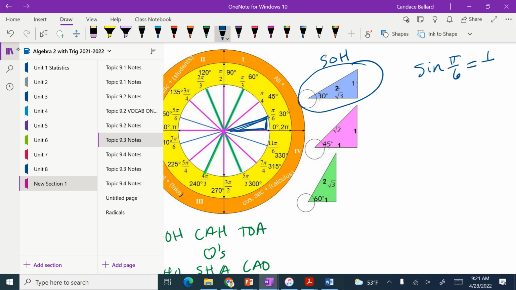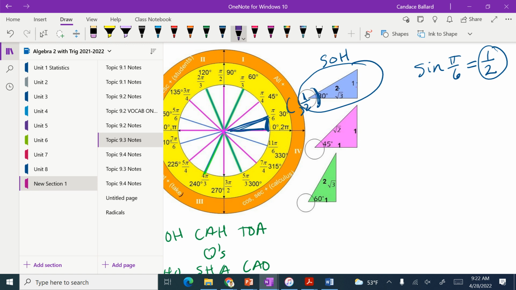What's on my hypotenuse? 2. That is the y coordinate here. So when I write it as a coordinate, that's the y coordinate I just created from the triangle. We'll write this all in our unit circle in just a minute. I was doing the vertical part of the triangle because the sine, the opposite, was the height.